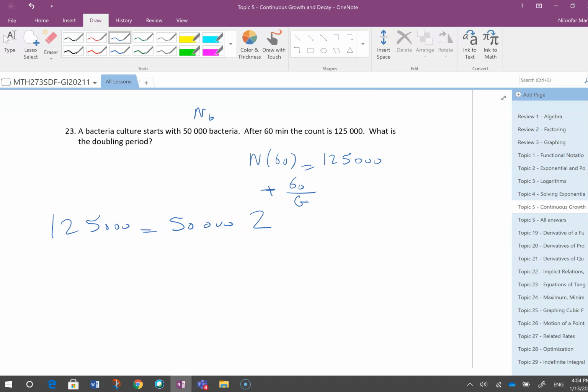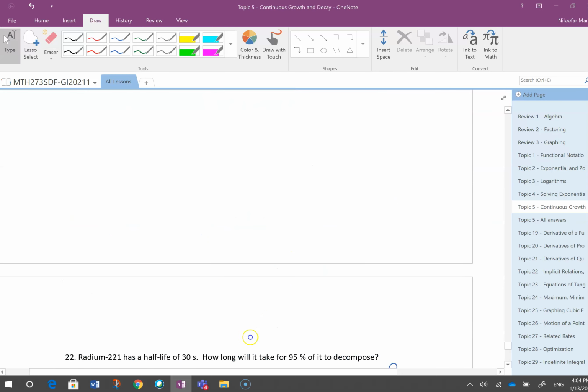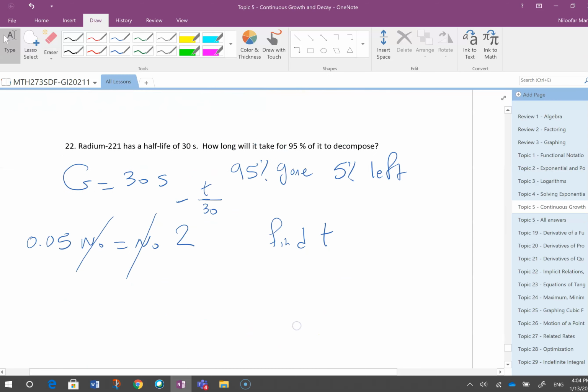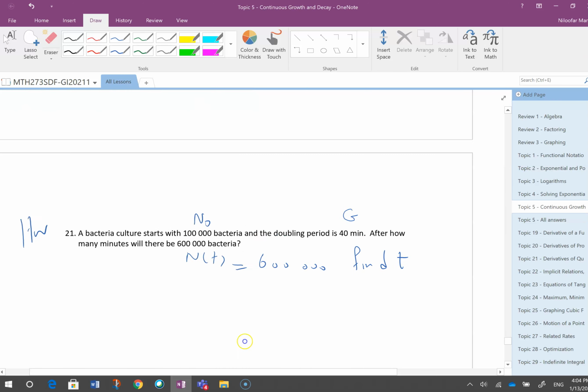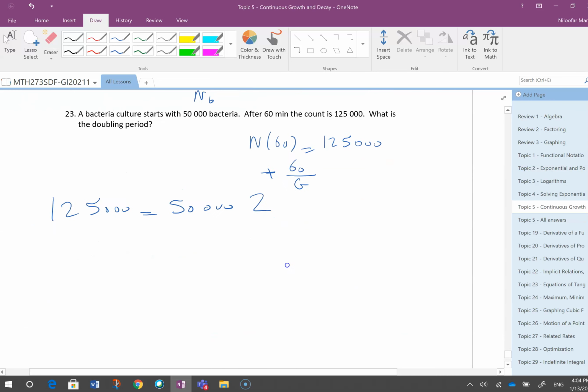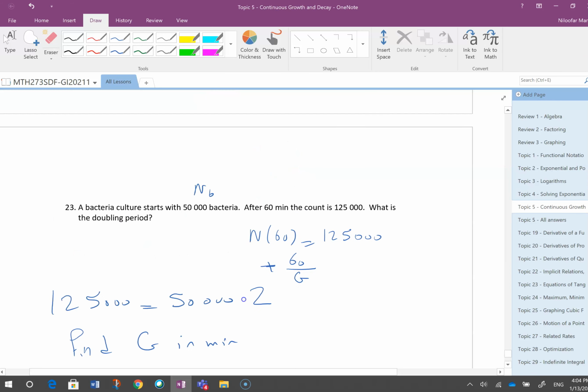Okay, so this question, find T. Maybe I can say what the unit is. Find G in minutes.